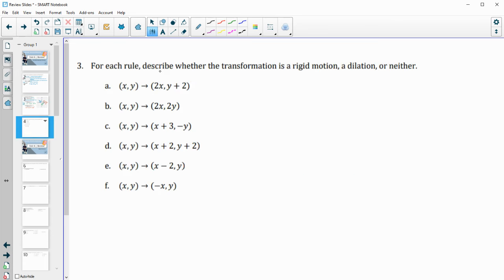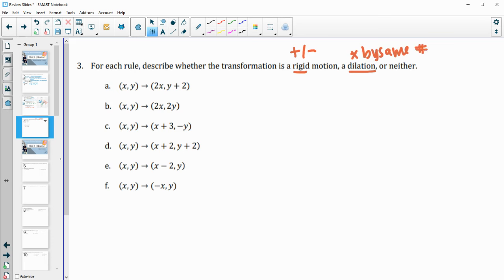Number 3, for each rule, describe whether the transformation is a rigid motion, a dilation, or neither. So rigid motions have just pluses or minuses in them, and no multiplication. Dilations have multiplication by the same number.